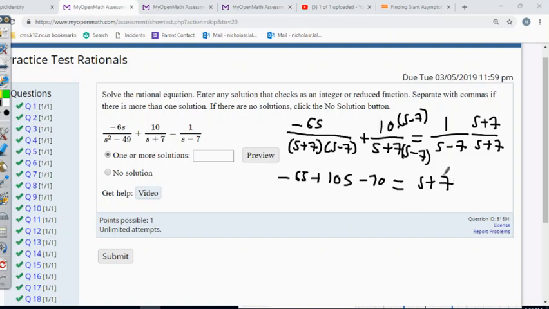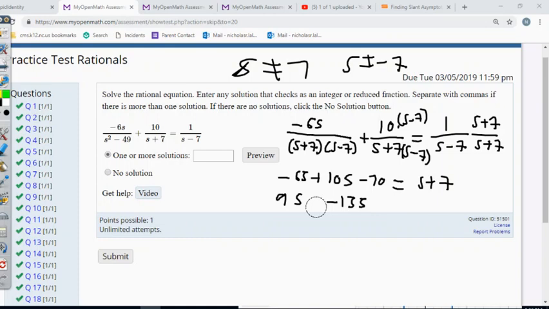Now, remember s cannot equal 7 and s cannot equal negative 7. So, getting this all on one side, 9s is equal to negative 135. Sorry, 9s minus 135.